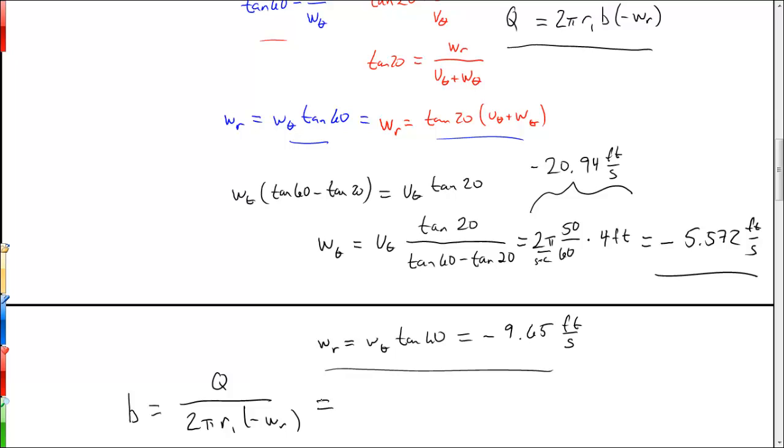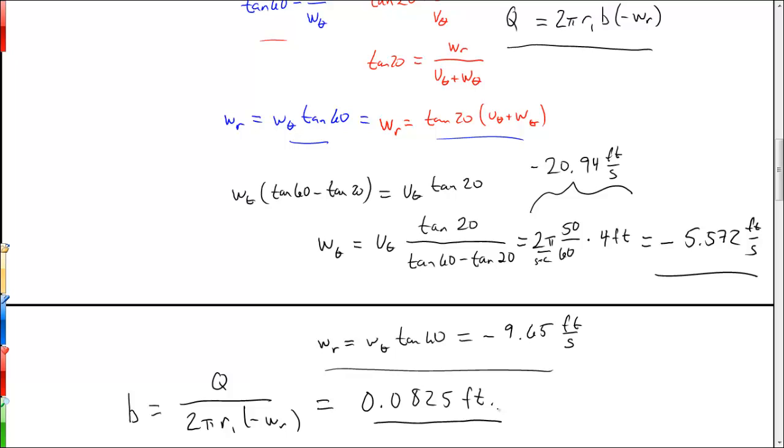I get 20 divided by 2 divided by pi divided by 4 for R1 and divided by 9.65, and I get that to be 0.0825 feet.